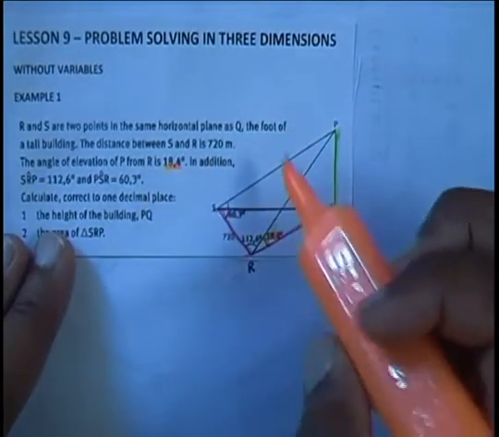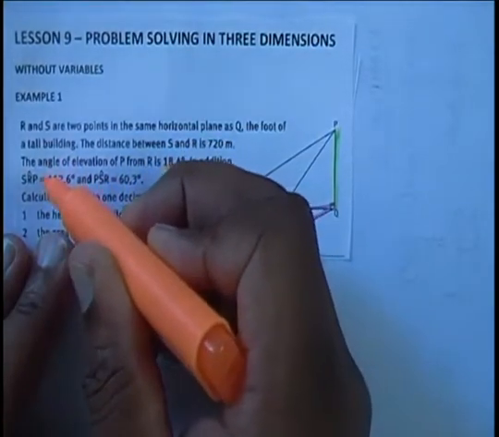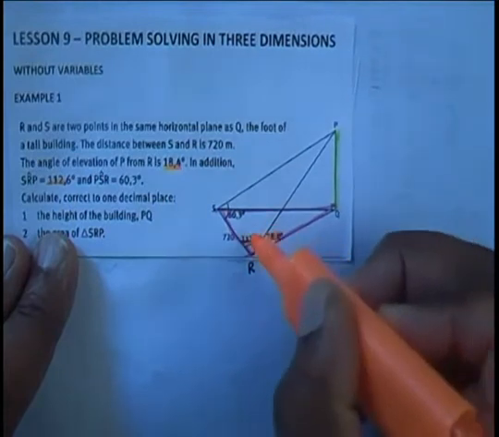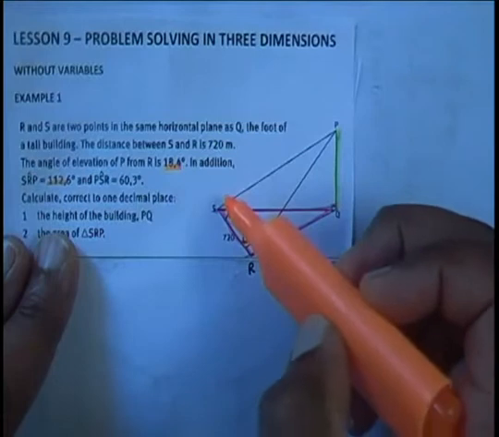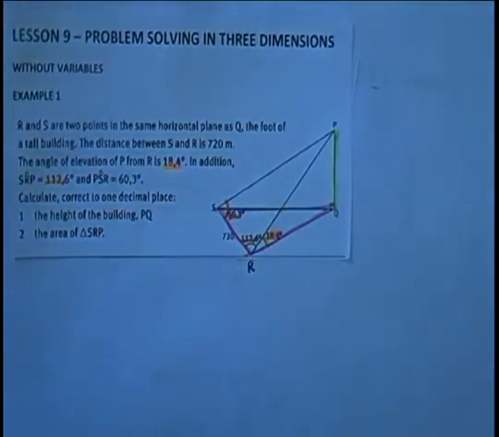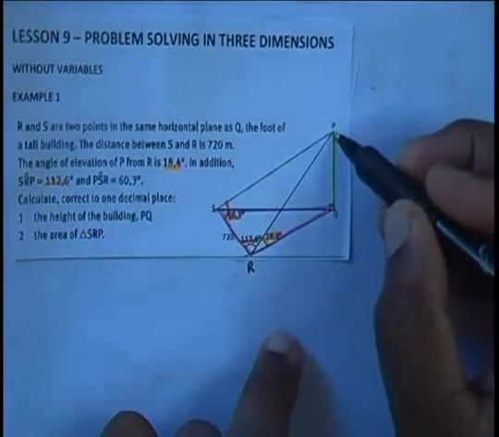And we're given the angle SRP, and we're given the angle PSR, 60.3 degrees here. Okay, now we're supposed to calculate correct to 1 decimal place, so that is important. We need to follow that. The height of the building PQ, this distance here.